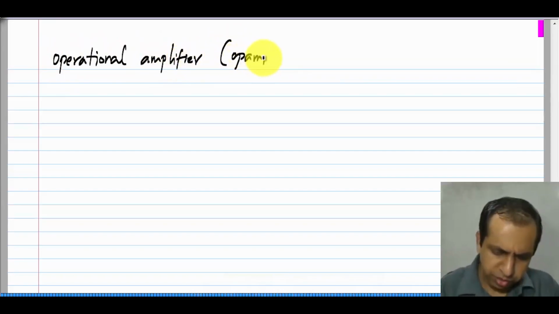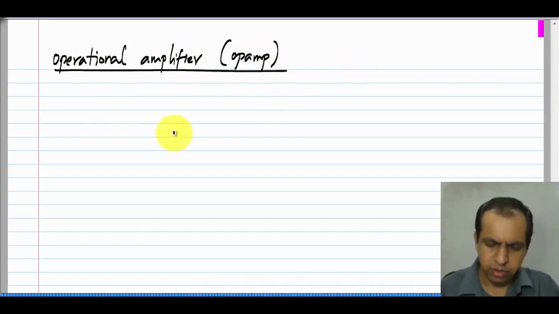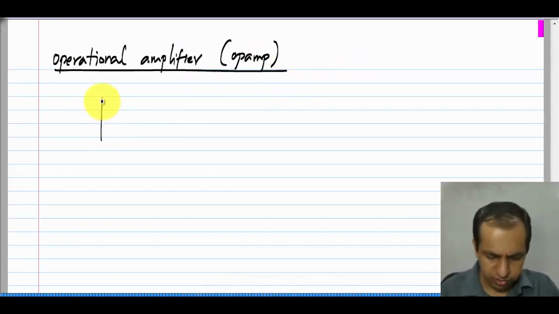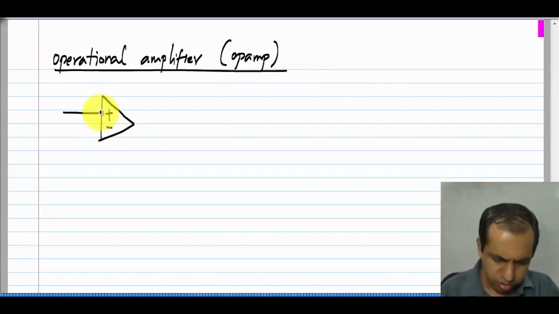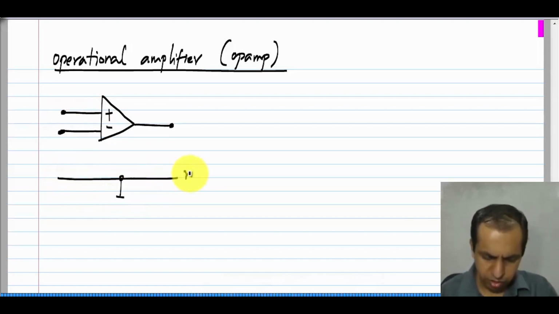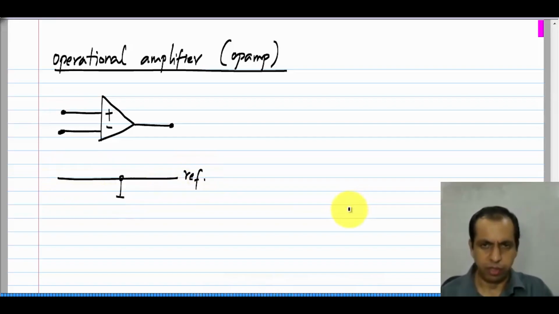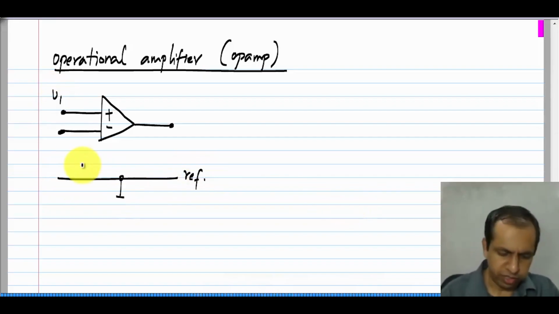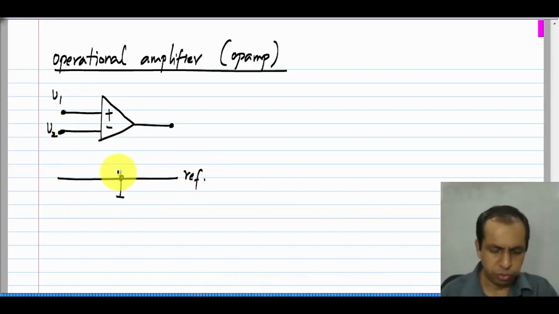It is frequently abbreviated as Opamp. So, what is it? It is denoted by the symbol. It has two inputs, that is, if we assume that there is some reference node here, then we have V1 and V2 at its two inputs.